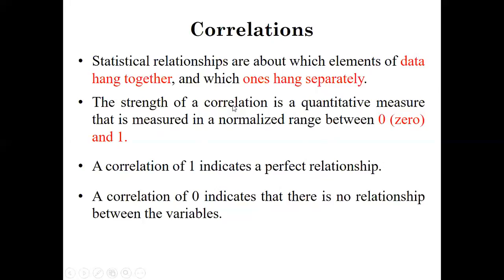The strength of the correlation is a quantitative measure that is measured in a normalized range, that is -1, 0 and 1. So when the correlation is 1, it indicates a perfect relationship where the two variables are in perfect synchronization.